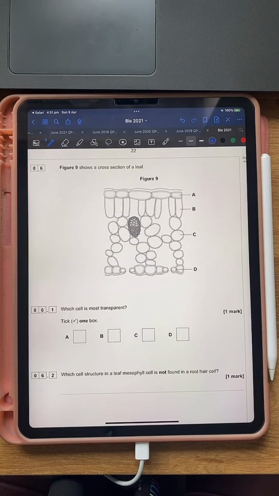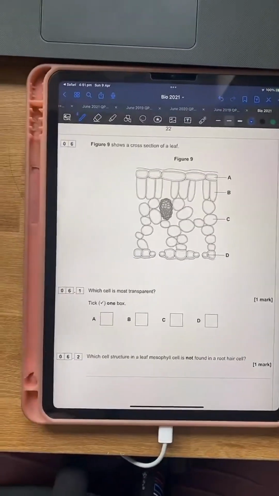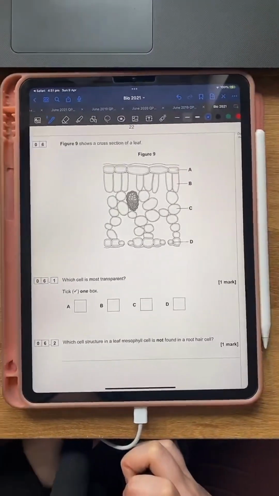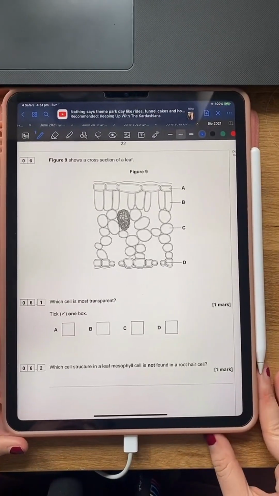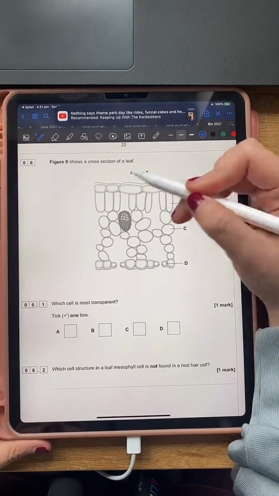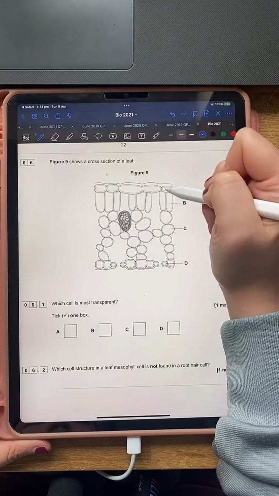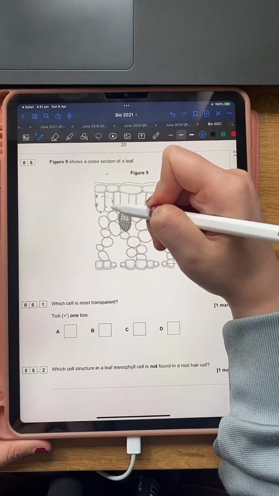It is A. Transparent meaning that light can easily pass through. The reason it's A is because the chloroplasts are at the top here, so the light needs to reach the chloroplast, and to do that, the top must be transparent. So it's A.